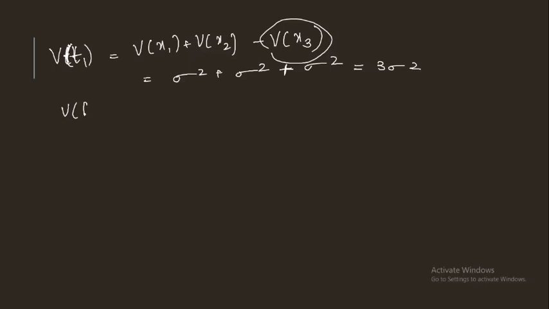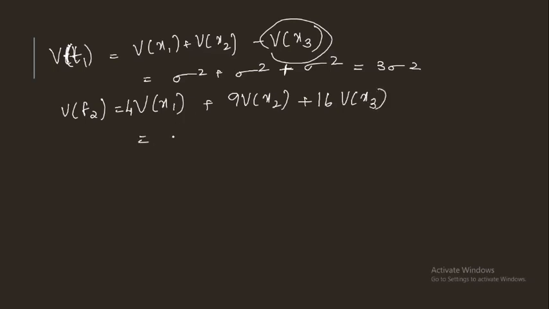Now the variance of T2 is equal to 4 into the variance of x1 plus 9 into the variance of x2 plus 16 into the variance of x3, which is equal to 4 sigma square plus 9 sigma square plus 16 sigma square, which is equal to 29 sigma square.